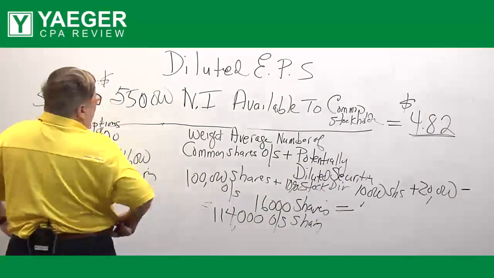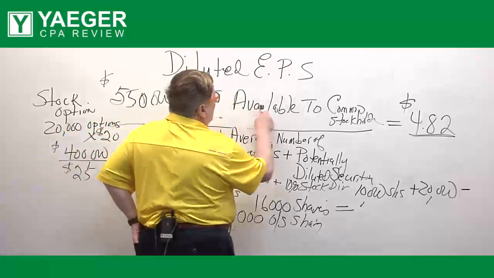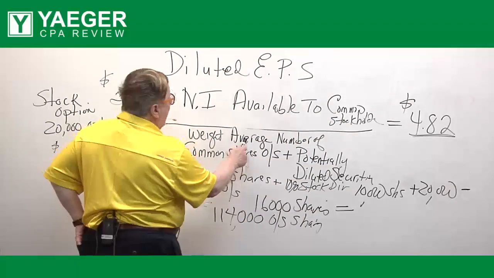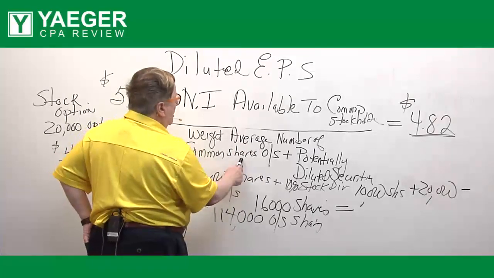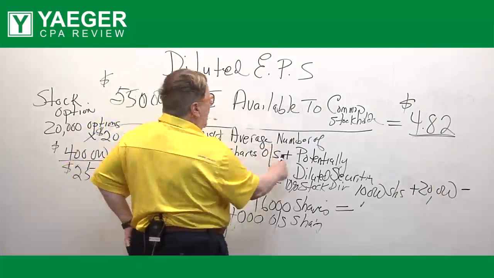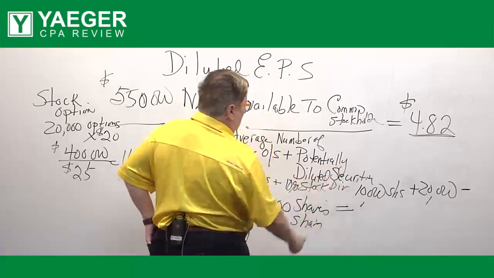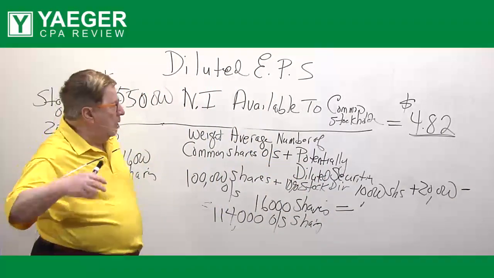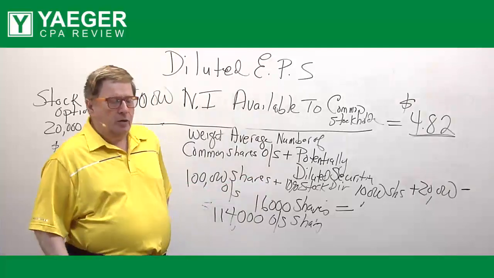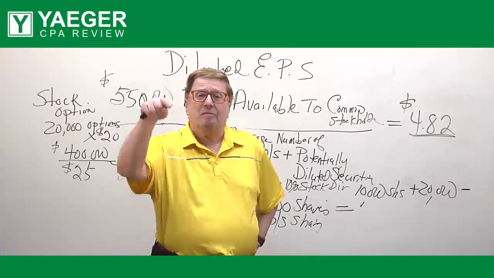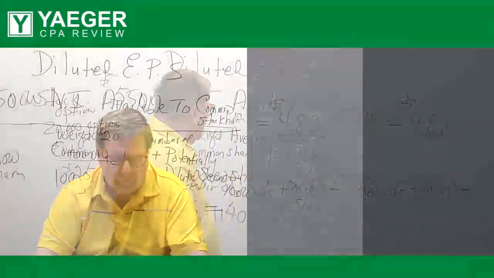Well, your numerator is net income available to common stockholders divided by the weighted average number of common shares outstanding plus any potentially diluted securities. Now remember, when you have potentially diluted securities, you assume that everything occurs at the beginning of the year. We'll see that in a second.